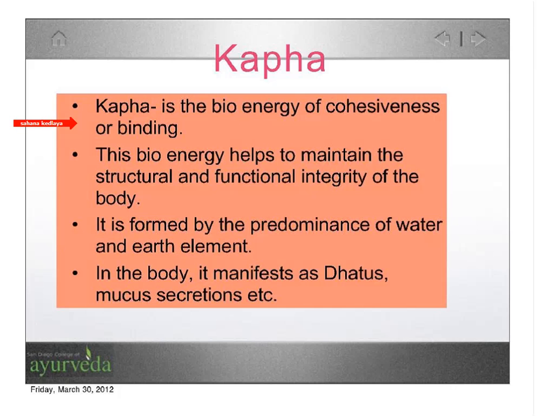Similarly, Pitta is the bioenergy of transformation, which helps for the conversion of either food or emotion from one form to another. Similarly, Kapha is the bioenergy of cohesiveness or binding. This bioenergy helps to maintain the structural and functional integrity of the body.